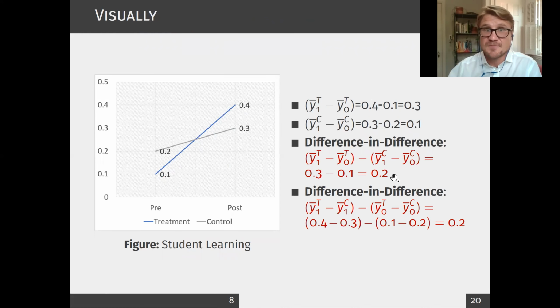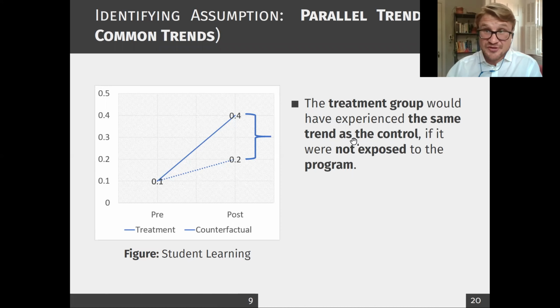We are implicitly assuming, when we are estimating this treatment effect of 0.2, that, of course, we can't observe the treatment group if they did not receive the treatment. We don't know what the learning for girls in this case would have been if they didn't receive the bicycles. But we're assuming that their trend is exactly the same as the trend that the boys faced, right?